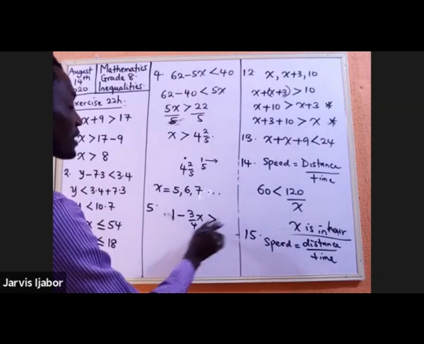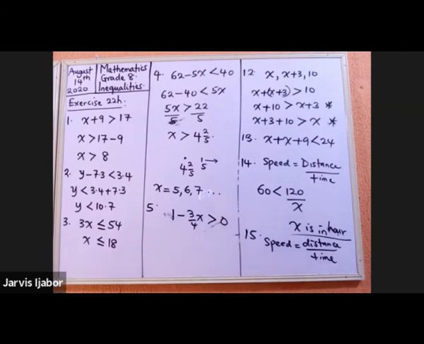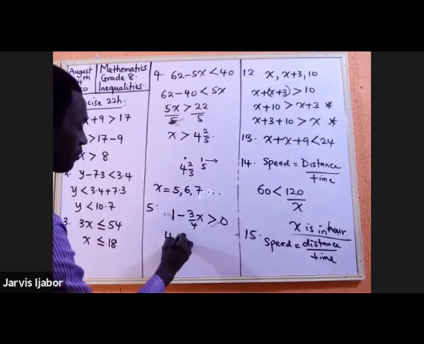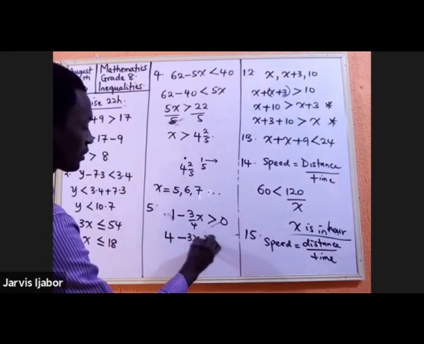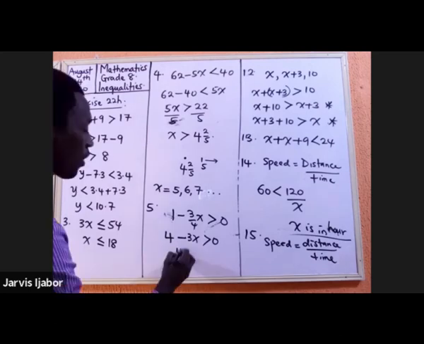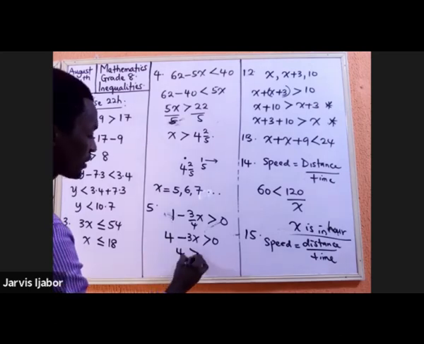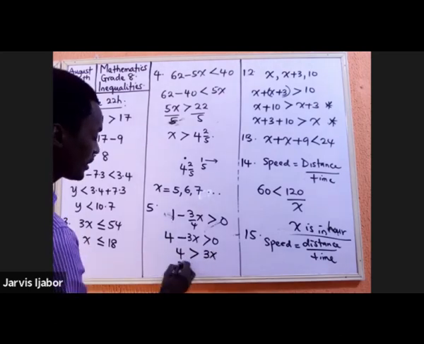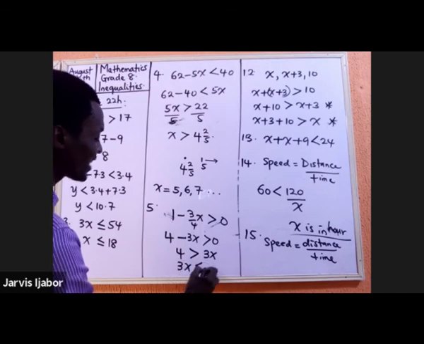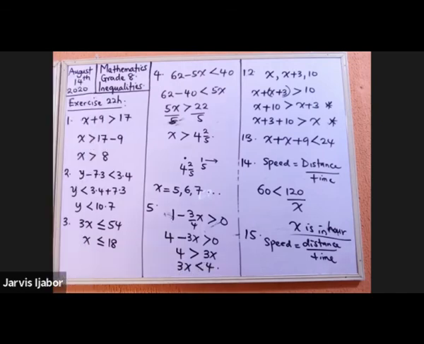That's what it will be. So what does this mean? I multiply through by 4. I'm going to get 4 minus 3x greater than 0. So 4 will be what? Greater than 3x. Meaning that 3x is less than what? 4. 3x will be what? Less than 4. All right.